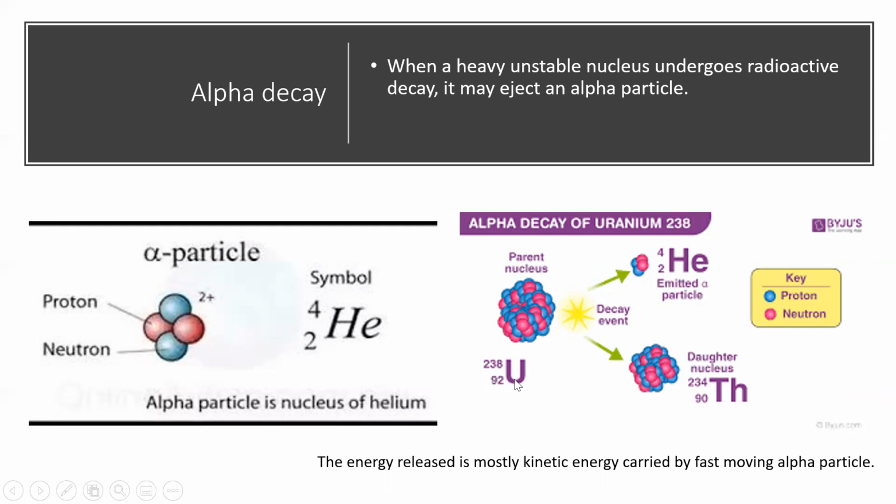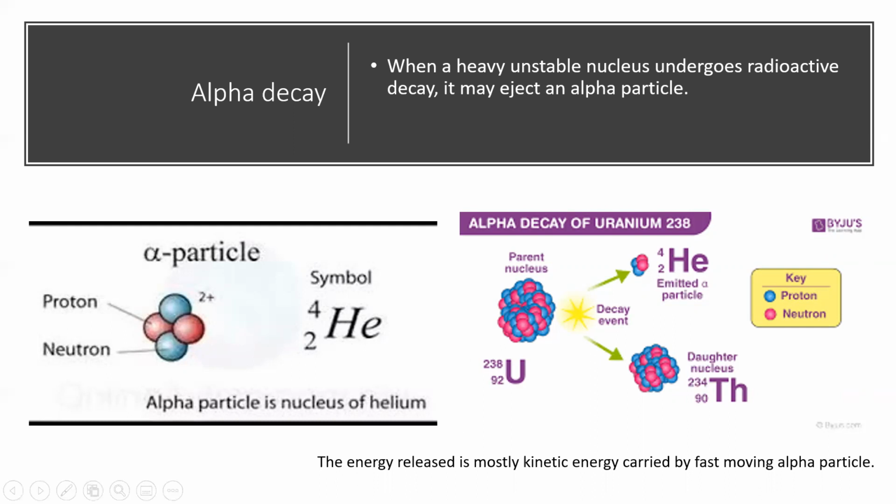Similarly, for the atomic number, 92 for uranium, 2 for helium, 90 for thorium. 90 plus 2 is 92. So yes, this equation is balanced. The equation will always be balanced. This will help you in writing the equations.